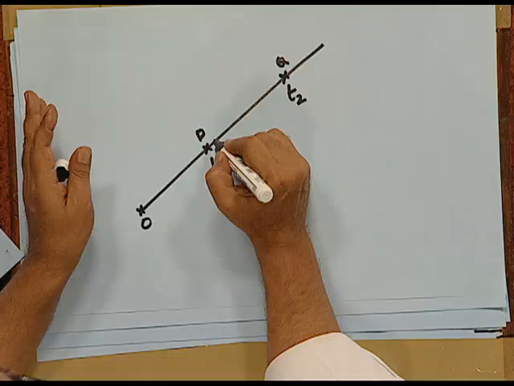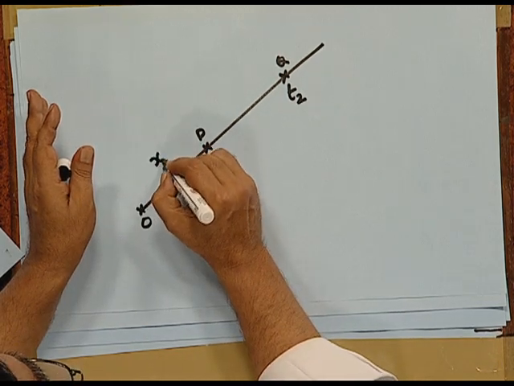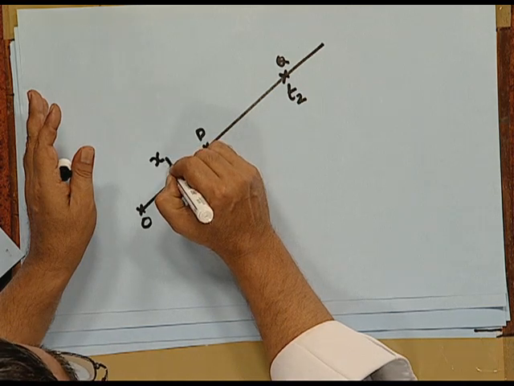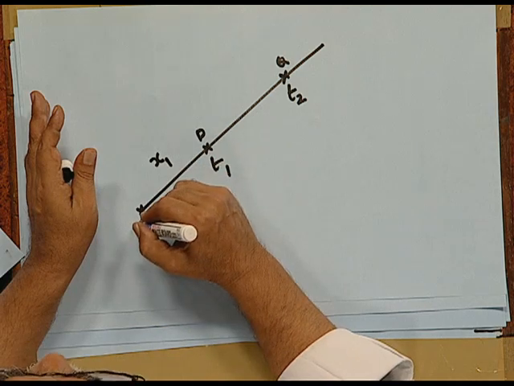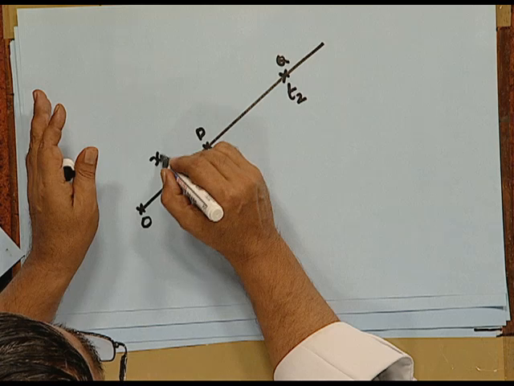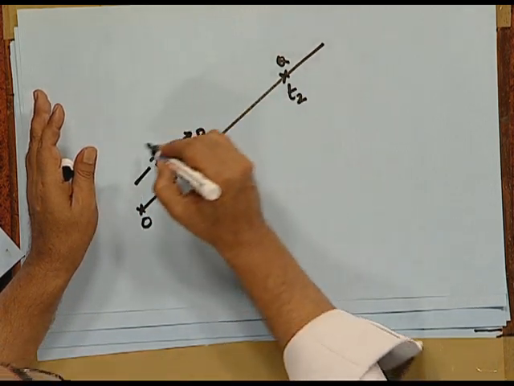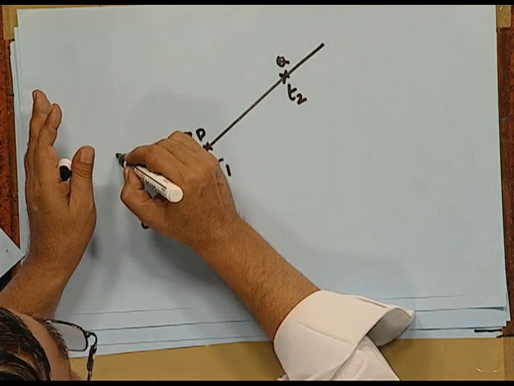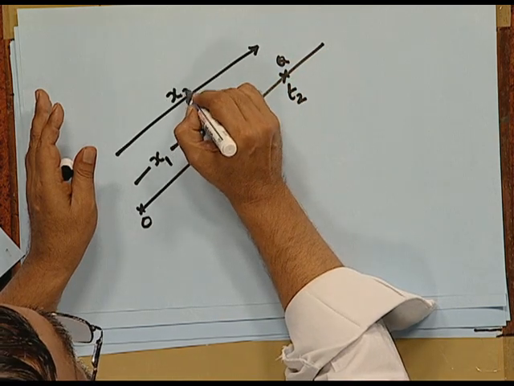How do we describe the motion? Motion along a line. One of the things that we do is consider the object at position P, which has the position coordinate x1. What do you mean by position coordinate? The location of the point P with respect to the origin is uniquely represented by the quantity x1 in this direction. Similarly, position of Q is given by its position coordinate, which is x2.